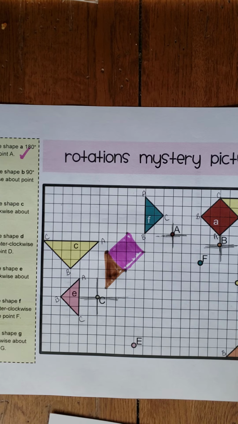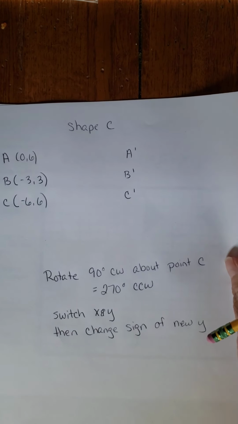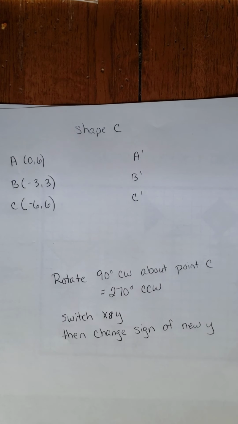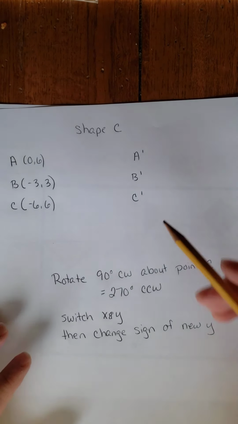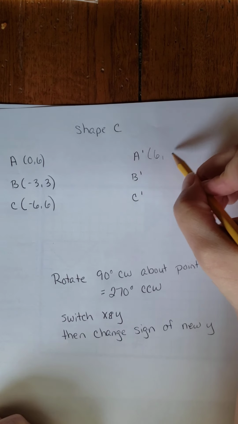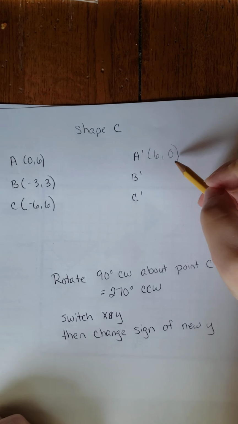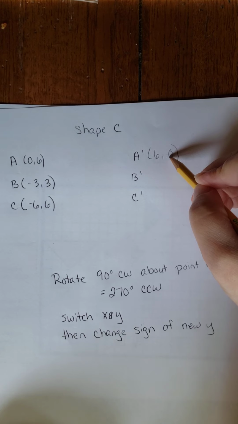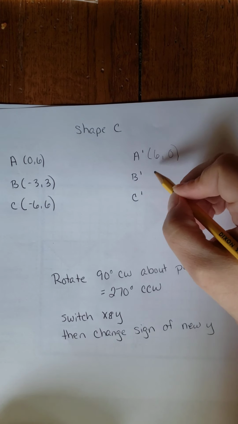So I've figured out the coordinates in relation to this axis. And here they are. So because we're going 90 degrees clockwise, we need to switch our X and our Y and then change the sign of the new Y. So this, we'd switch our X and our Y, and then we change the sign of our new Y. Now this is 0, so we don't need to change anything.